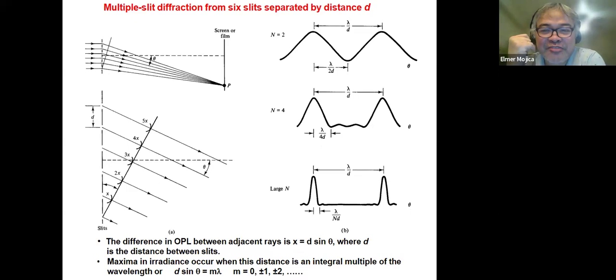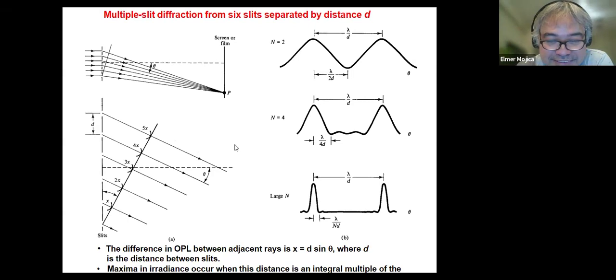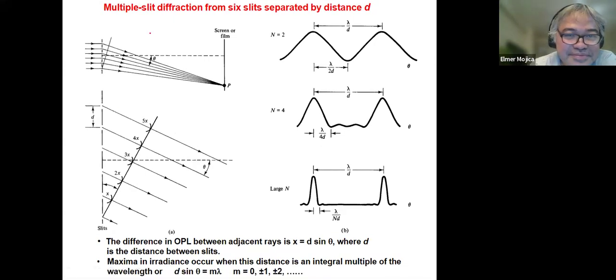If I put this in the quiz, how many slits do you see? Class, ilang slits? 6. 1, 2, 3, 4, 5, 6. So there are 6 slits here.